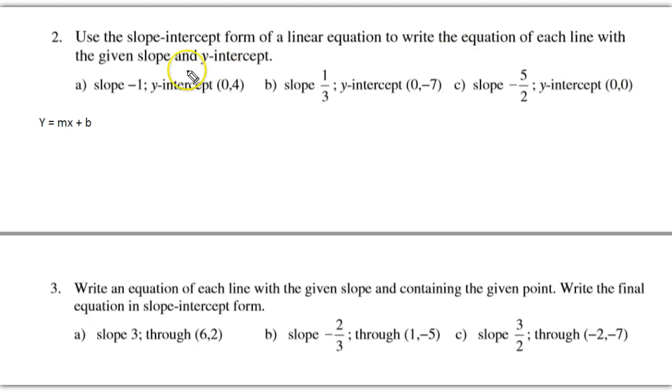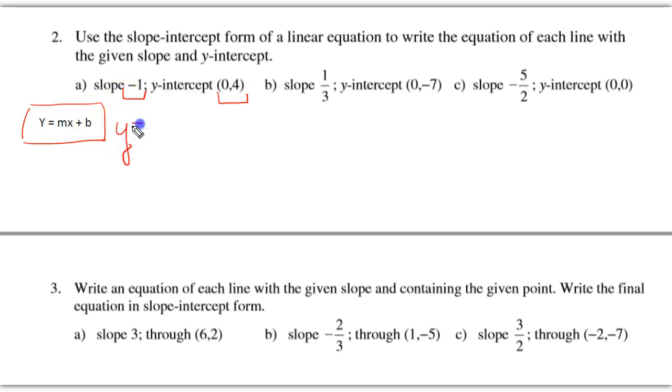Now, for something like this, we're going to use the slope-intercept form for writing these equations. They're giving us the slope, and they're giving us the y-intercept. So we just do some substitution.